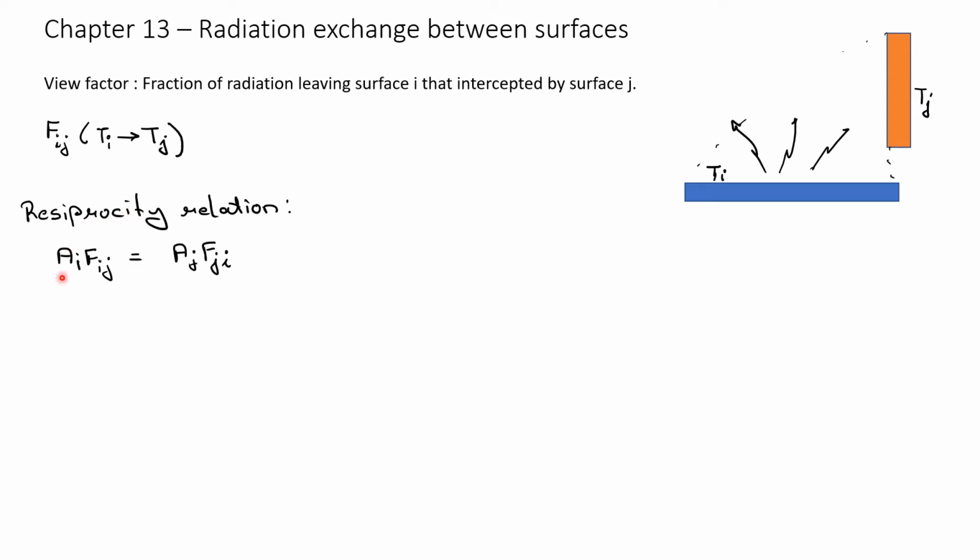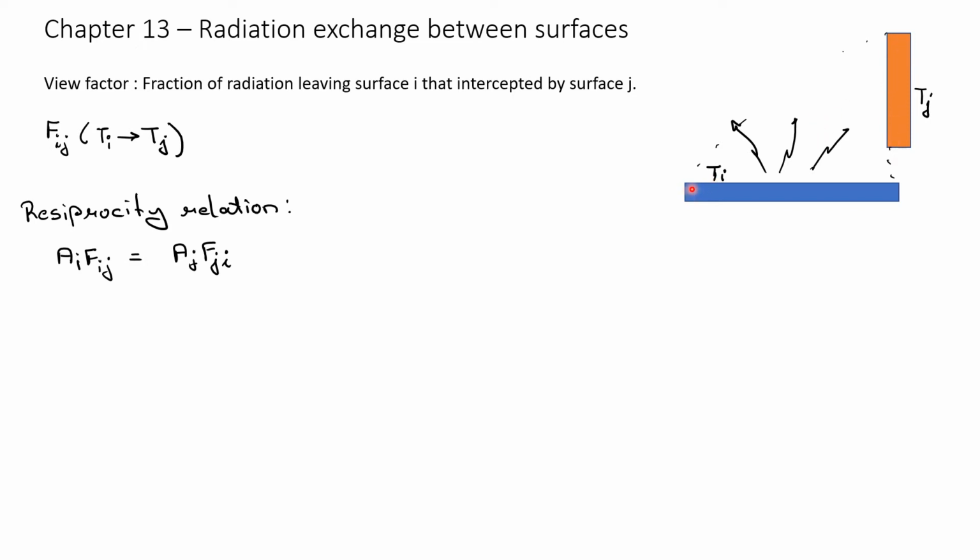It means that Ai times F of ij, that means the area of surface I multiplied by F of ij, equals the area of surface j multiplied by F of ji.